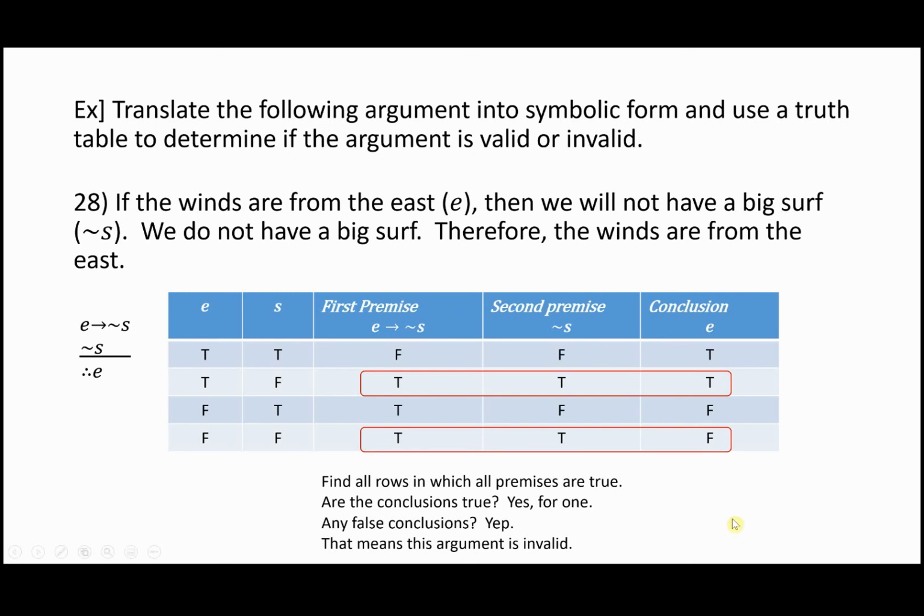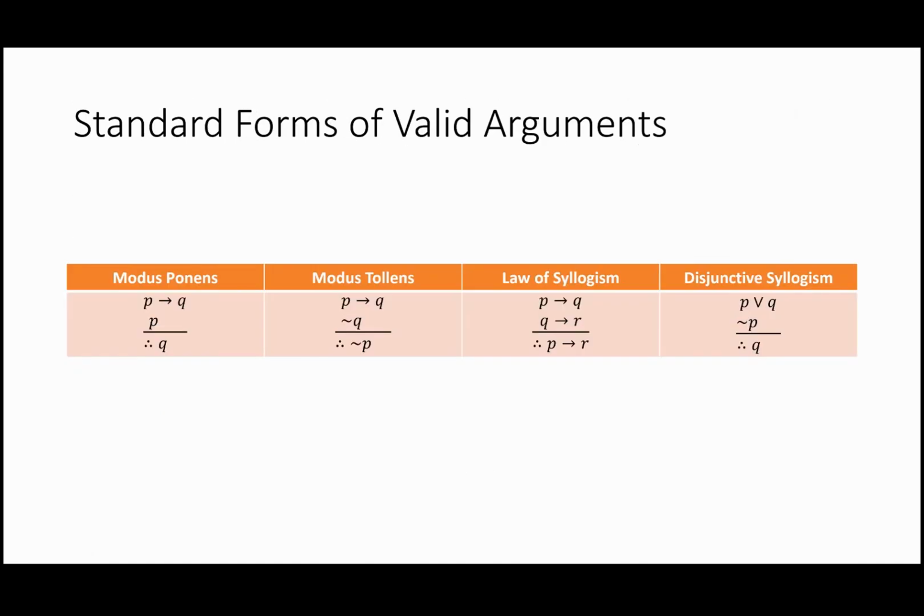We have more examples coming, but at this time, I want to introduce to you what I like to refer to as the celebrities of the argument world. So these are the famous valid argument structures, okay? If you see these particular structures, and they have fun Harry Potter-like names, modus ponens, modus tollens, law of syllogism, and disjunctive syllogism, right?